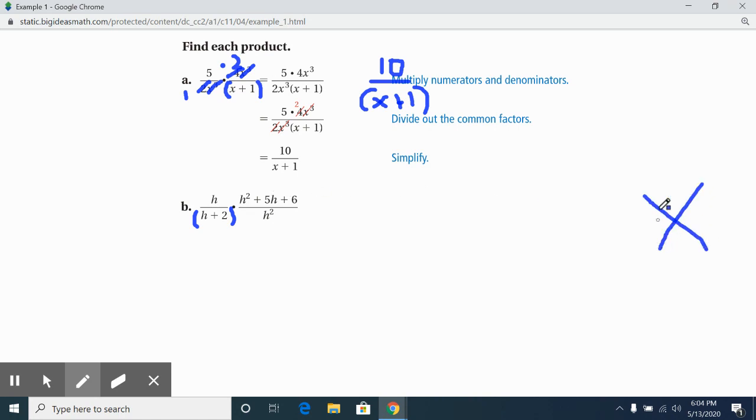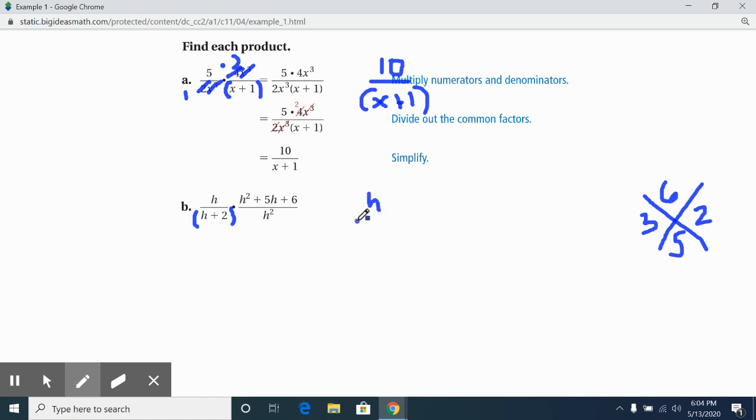We can factor that like we have since chapter 7. We're going to see what multiplies to 6 and adds to 5. Those numbers are 3 and 2. So I'm going to change this trinomial to two binomials. And then the h squared, I can't factor that either.